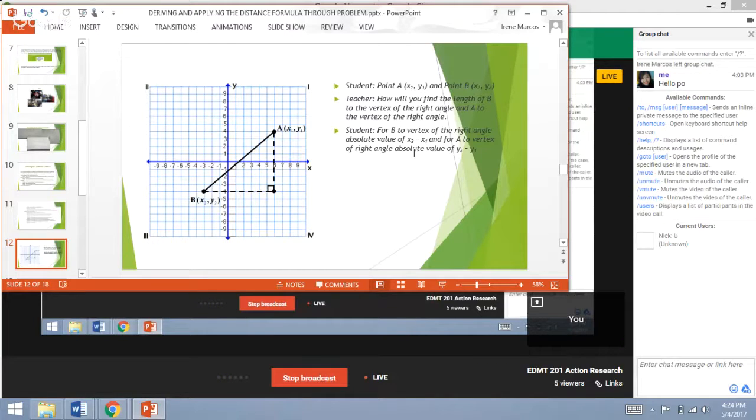So, the student said that they have to first find the distance between A to the end vertex of the right angle through the absolute value of y2 minus y1, and the distance of B to the vertex of the right angle, which is x2 y2.